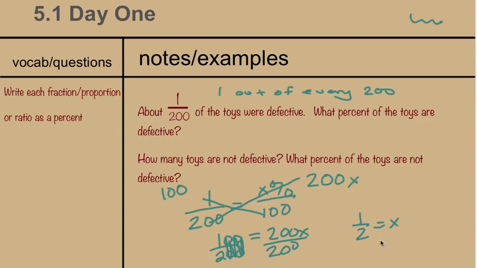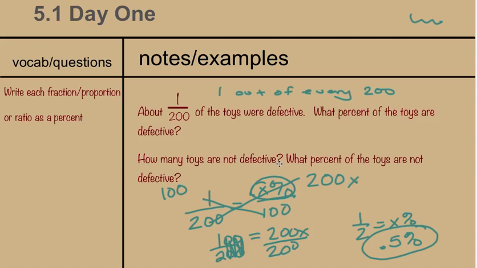So you have to ask yourself a question: what was I solving for? X percent. So 1/2 equals x, 0.5%. Don't move a decimal. 0.5% of the toys are defective.